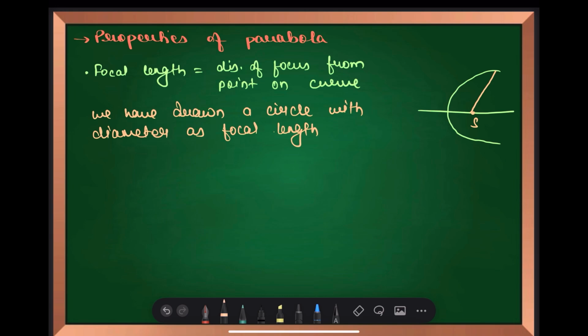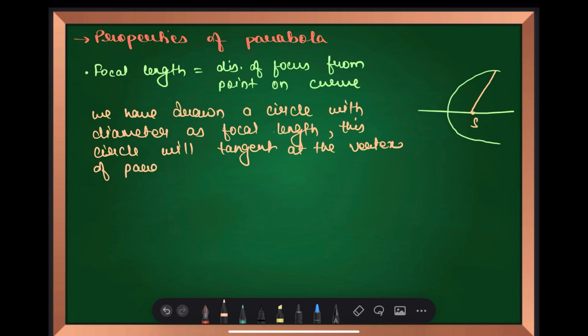This circle will touch the tangent at the vertex of the parabola. So your circle will touch the tangent at the vertex.